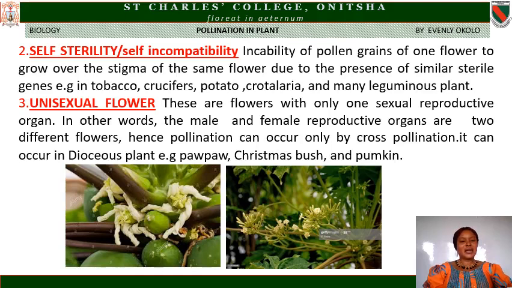It can occur in dioecious plants, example, pawpaw, Christmas bush, and pumpkin. So let's use these 2 structures here to explain unisexual flower. The one on the left-hand side is the female part of the flower. That is why you see pawpaw fruits there. While the one on the right-hand side is the male flower.